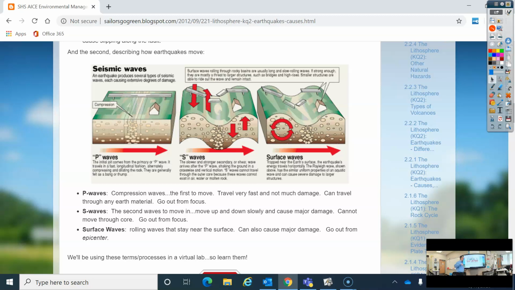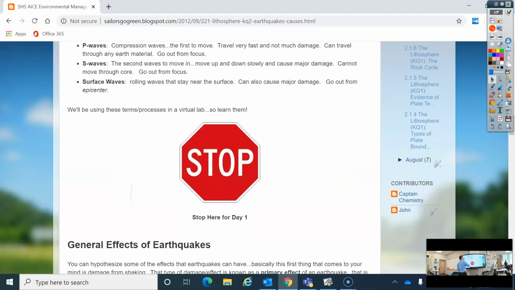Now, if you have a major earthquake with lots of big power, you end up getting surface waves. These are waves that stay near the surface, and they can also cause major damage, and they go out from the epicenter. So these would be waves that are trapped near the Earth's surface, and they don't actually come out from the focus. They come out from the epicenter, which is on the surface. And you can see that there. So those are three types of waves.